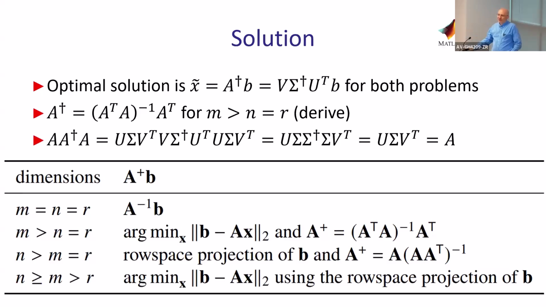You just substitute all of the A's with the SVD, and then all kind of things in the middle cancel, like V transpose V or U transpose U, and then you get something very simple like that. So this is how you manipulate all of these SVD decompositions in general.